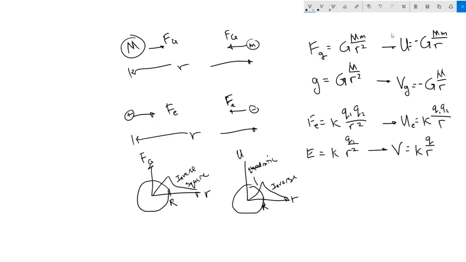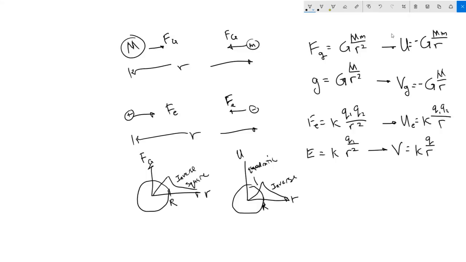And you can figure that out because it's supposed to be the integral of this, right? So you integrate an inverse square function, you get an inverse function. You integrate a linear function, you get a quadratic function.